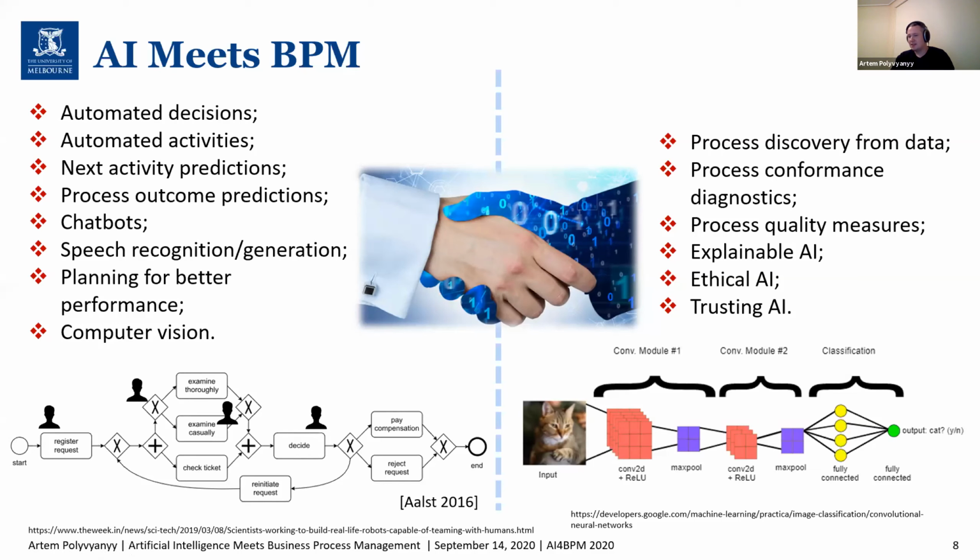So, for instance, the decision to take a thorough or a casual, simple check can be done based on some convolutional neural network, which is trained on the data. Somebody is drawing on the slide. Thank you for that. Right. So based on some neural network that is trained on the appropriate data to carry out those decisions.